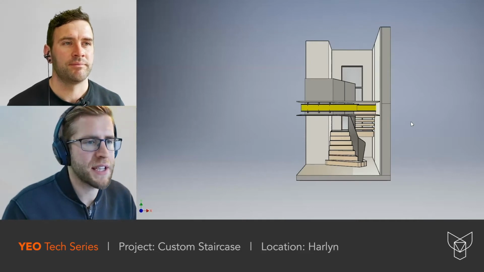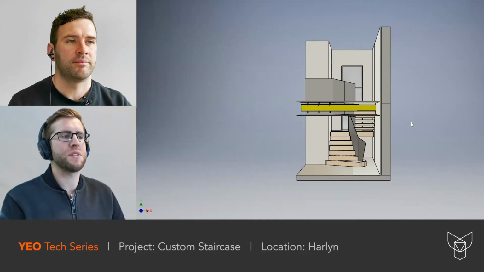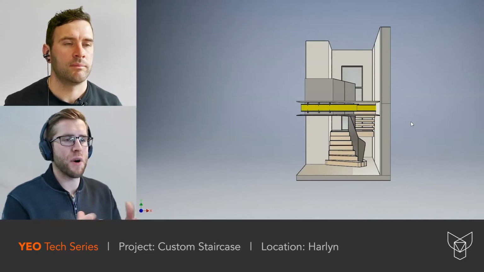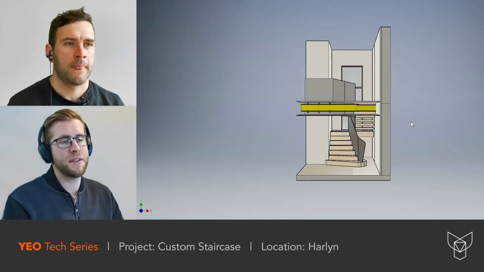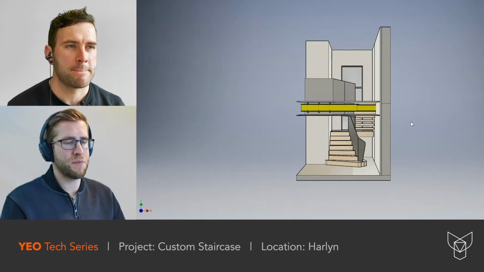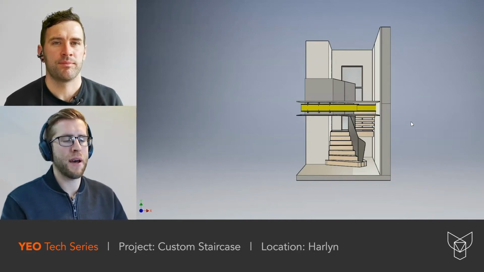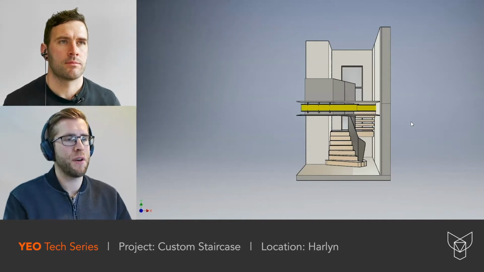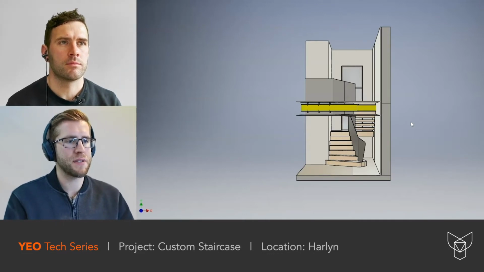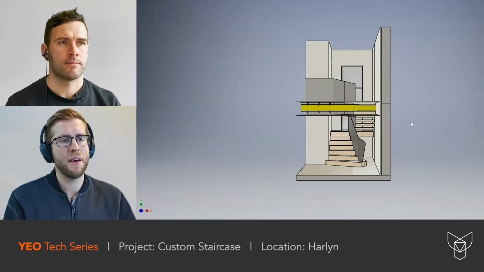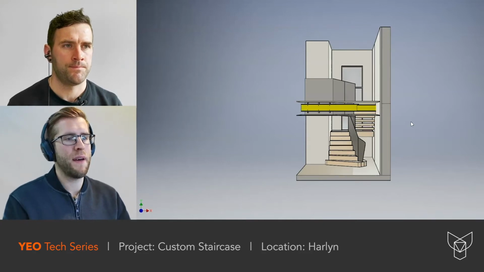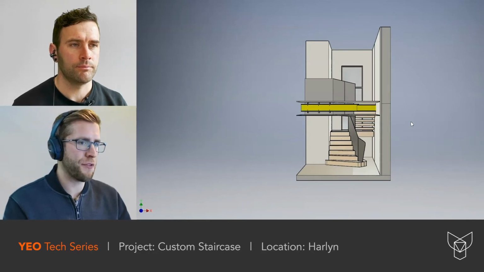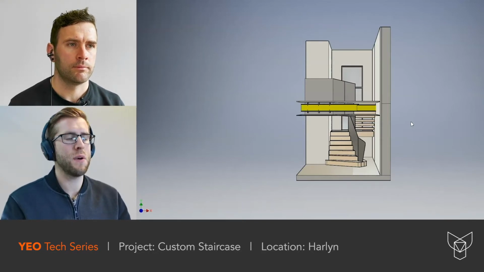With this staircase and with most staircases, I always start with the site architecture and the structural items that are part of that. With this particular staircase, I had the architect's drawings, so I created a 3D model of the space that the staircase is designed to occupy, and also modelled in any structural items that would be on site for us to fix the staircase to.